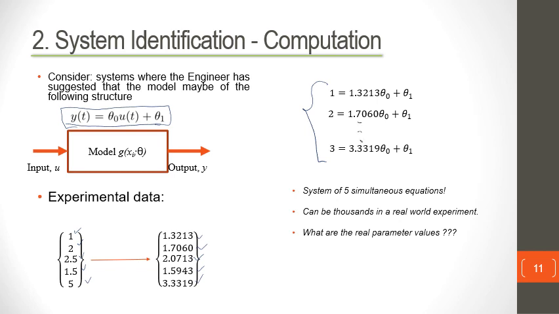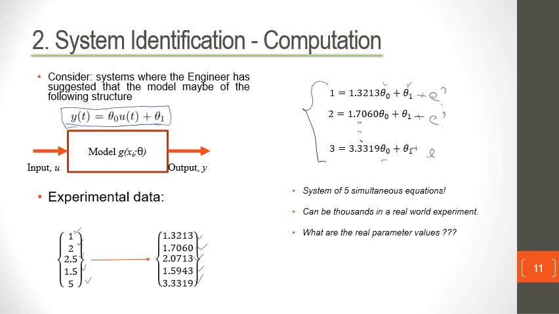And the task is to use these 5 simultaneous equations to solve the best values of theta 0 and theta 1. So even if you knew from your mathematics, as an avid mathematician, how to solve simultaneous equations, you will notice that because this system of equations has some errors, the parameters that you may find by taking any two and solving the simultaneous equations will not necessarily fit into the third one. So in actual fact, this is an optimization problem, where you are trying to find the best values of theta 0 and theta 1 that will fit all equations whilst giving the smallest amount of error for all equations.